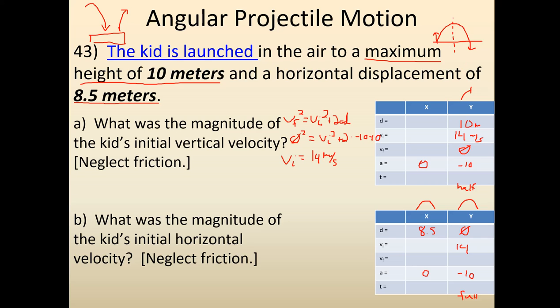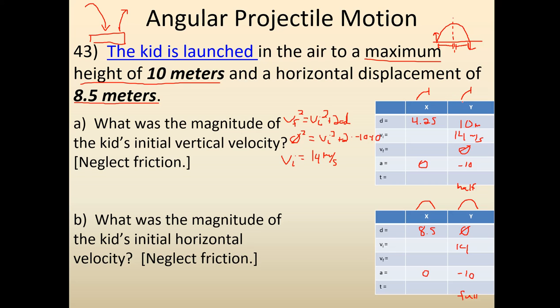This also applies to the horizontal distance. The distance it travels horizontally to get to the max height is the same as the horizontal distance it travels coming down from max height. So if the full horizontal distance is 8.5, I can actually use 4.25 as my horizontal distance. That way it matches with this.